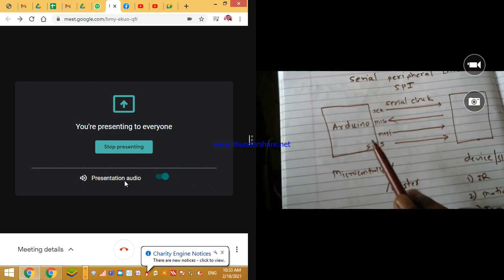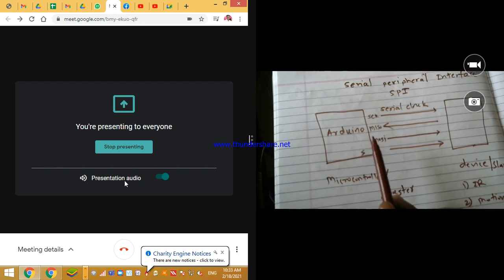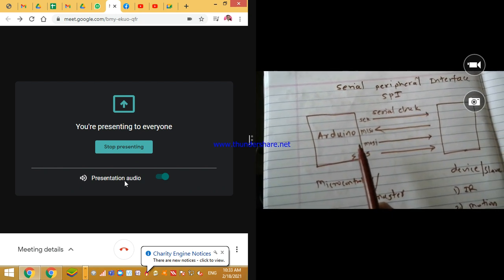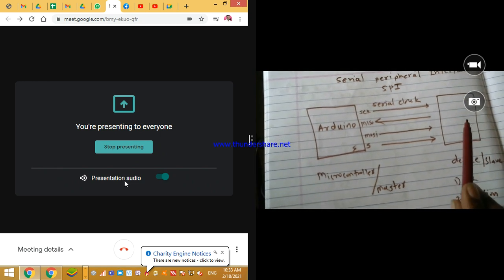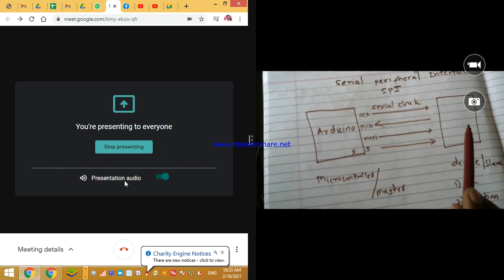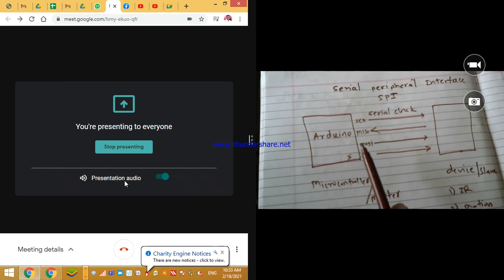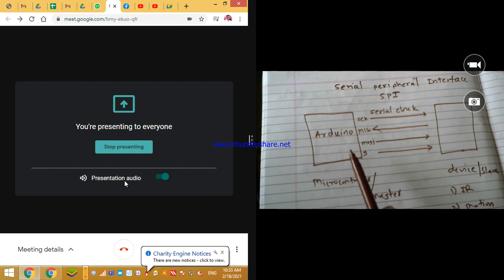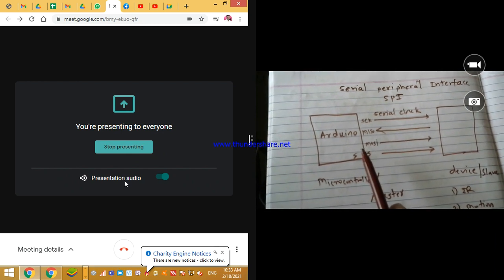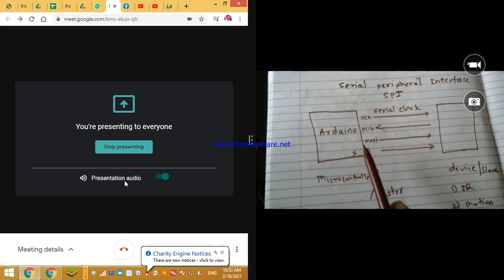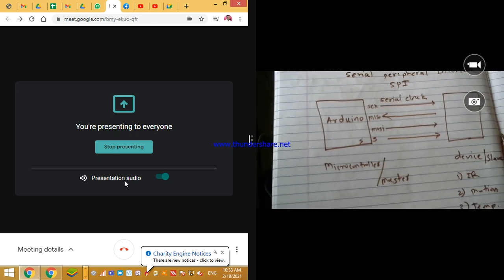Why is this the master? Because this microcontroller, let's say over here this is an Arduino, does the processing on the data which is coming from this device. The role of this device is only to send and receive the data from the microcontroller, and the function of the microcontroller is to process that data and provide the appropriate output to the user.